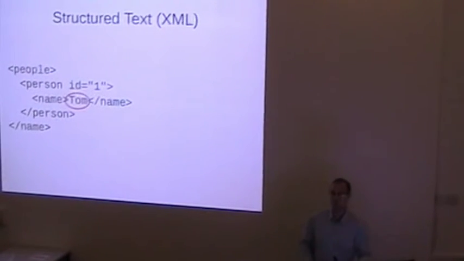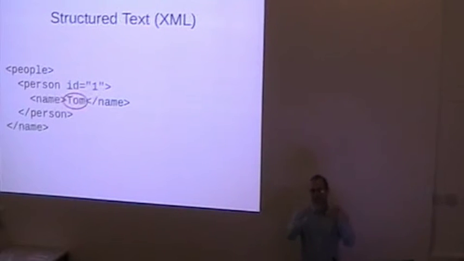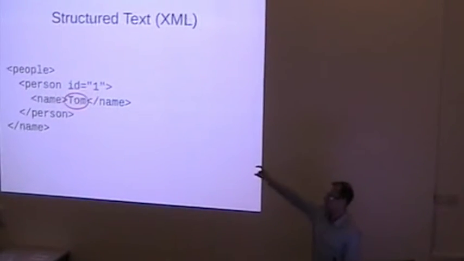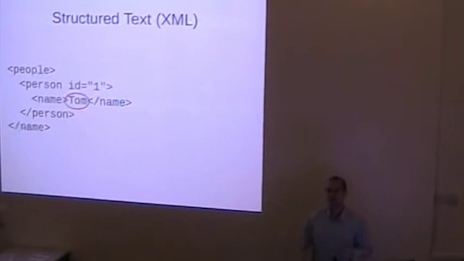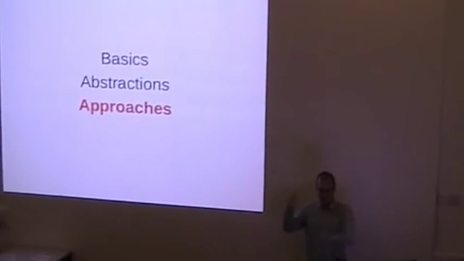There are also other structured formats that build on top of text, like JSON. But the key thing to remember here is that you've got this stream of bytes, the new line characters within that, and then the special characters like the angle brackets that build the format on top. So the different abstractions, as I said, are all layered on top of each other.